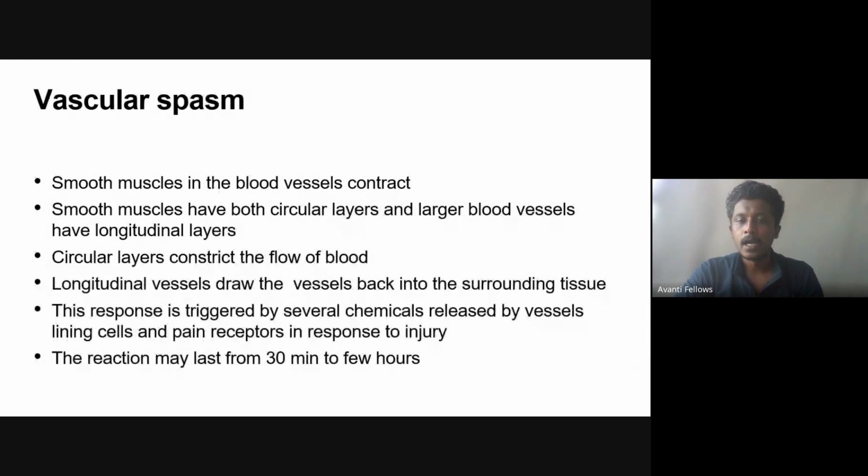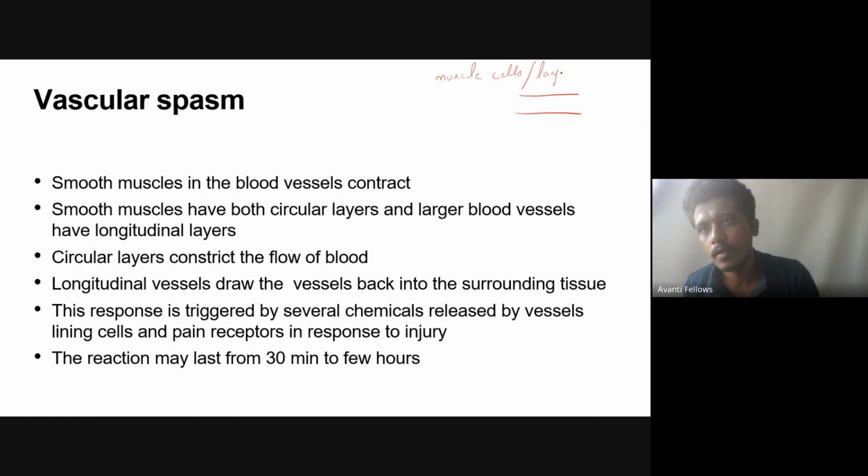If you take a look at your blood vessel, how does it look, students? It's a cylindrical structure, right? So what are blood vessels made up of? Obviously, they're made up of muscle cells, or layers.